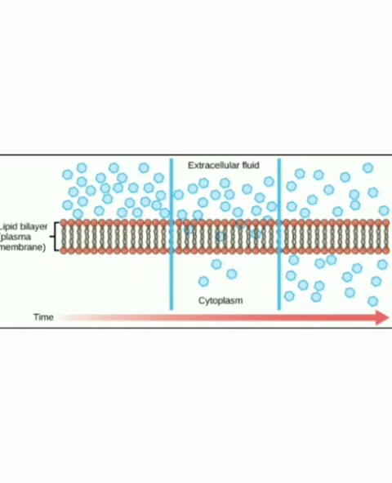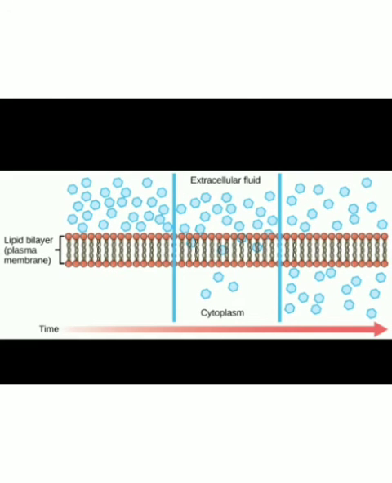The concentration of CO2 is low in the environment compared to inside the cell. As soon as there is a difference in the concentration of carbon dioxide inside and outside the cell, carbon dioxide moves out of the cell from the region of higher concentration to the region of lower concentration.